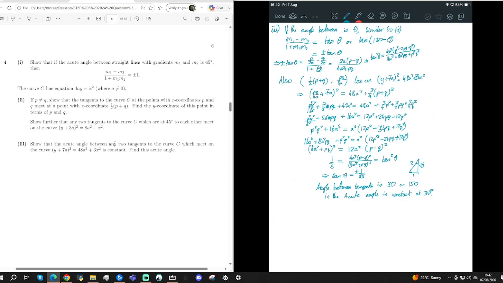Does every constant acute angle between the tangents lead to a hyperbolic locus of intersections? Don't know. But that's probably how this question came about. Someone was researching that idea, came across these nice curves and thought, hey, let's put them into a STEP question.